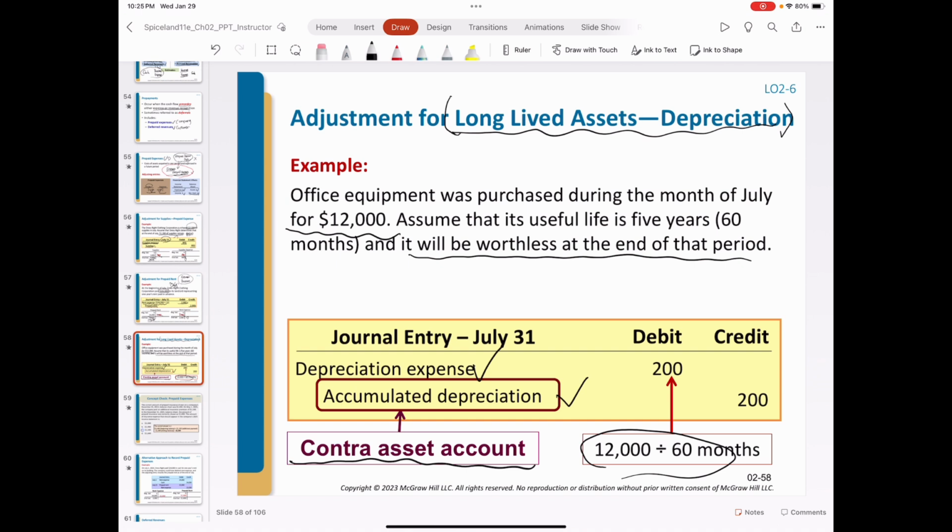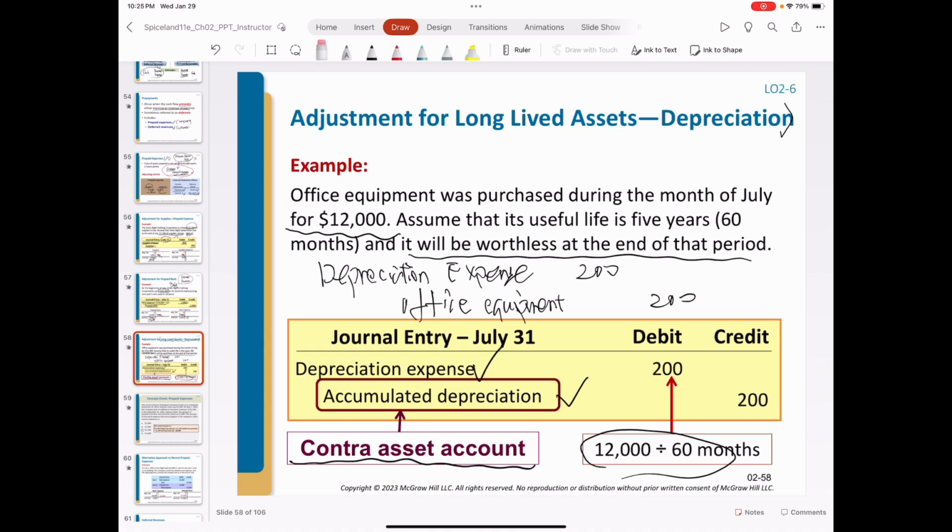Let me explain why we do this. You may think, okay, we just debit depreciation expense $200 as part of our adjustments and credit office equipment. It has the same impact on the balance sheet and income statement, but we will lose some useful information.